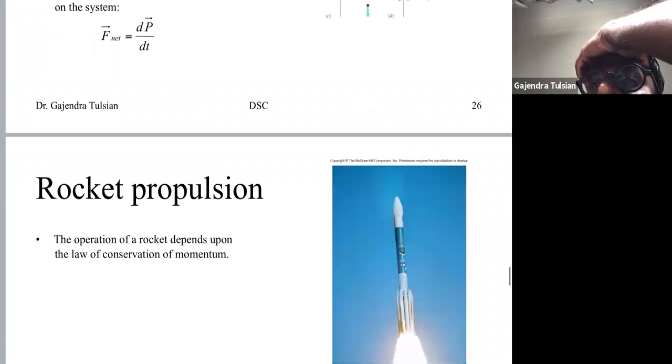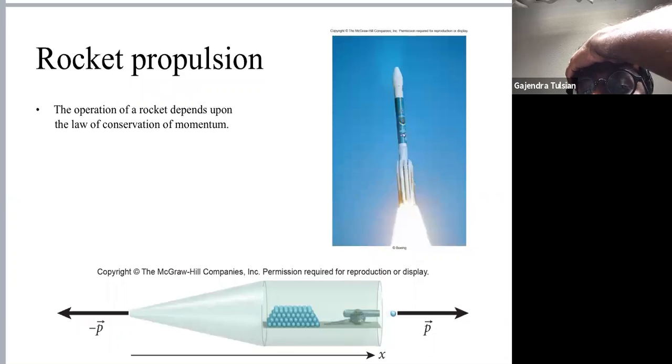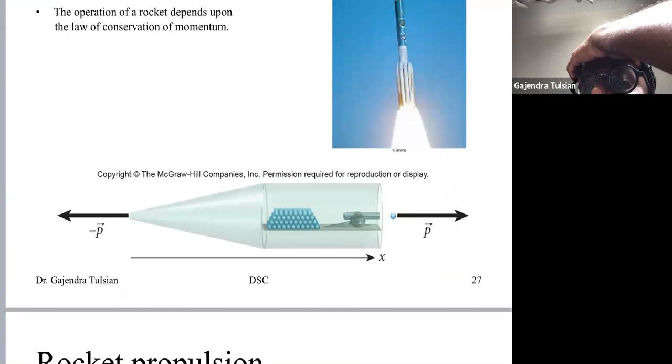Now we'll talk about rocket propulsion, another topic of interest to us, and essentially what rocket propulsion relies on is the following. Here's a good image to have. Let's say here's a cannon inside a vehicle, and before the cannon is fired, let's say this was at rest, so the momentum was 0.